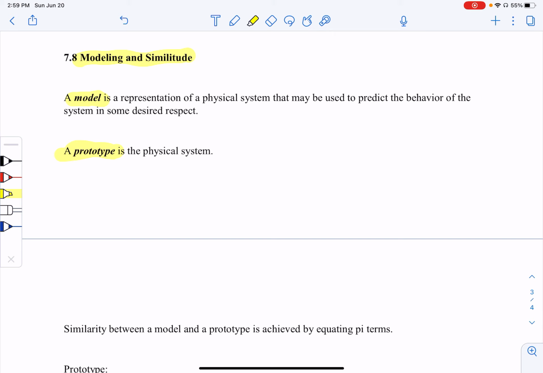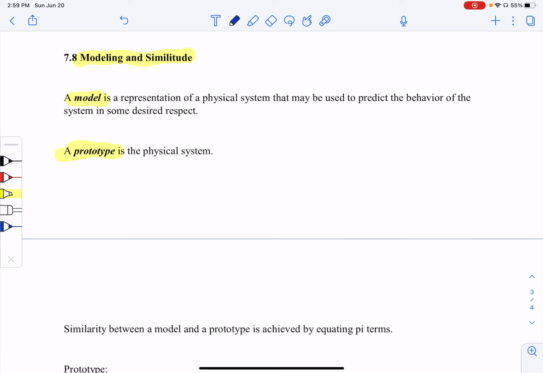So let's assume that we have a prototype, which is our physical system, and a model that is used to predict the behavior of the system. Let's go back to our wind turbine problem.